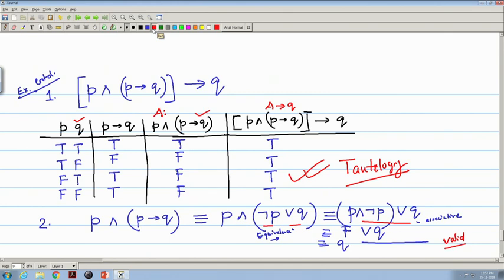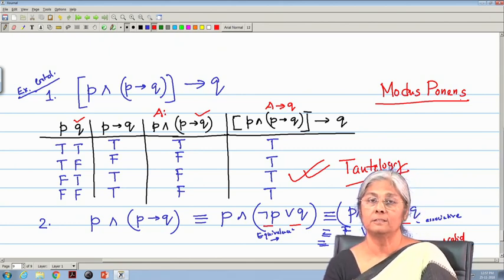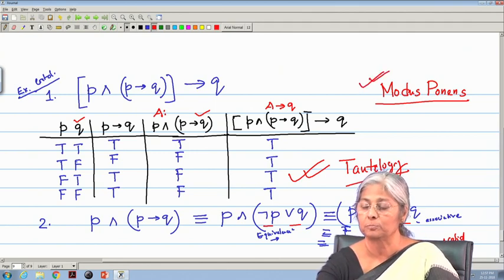This rule of inference is called the modus ponens. So, instead of applying separately the equivalence, associative law, and the absorption, together we made one law of inference. So, now onwards, instead of applying separately this thing, we will be using the modus ponens.